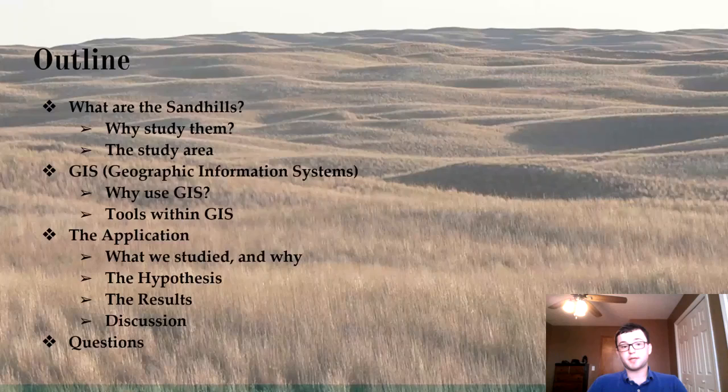I will go over the application, meaning what we studied and why we studied it, the hypothesis, which was that during a drought in 2012, the vegetation would decrease due to the lack of water and then increase in 2013 as a recovery period. And I will discuss results, and then we'll have a bit of discussion after, and then I will field questions lastly.